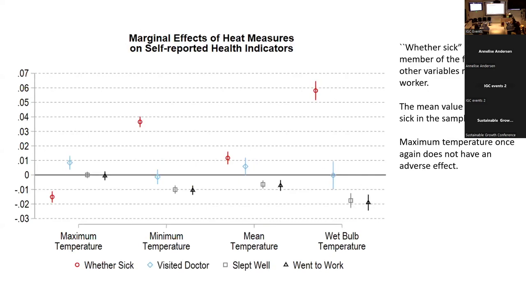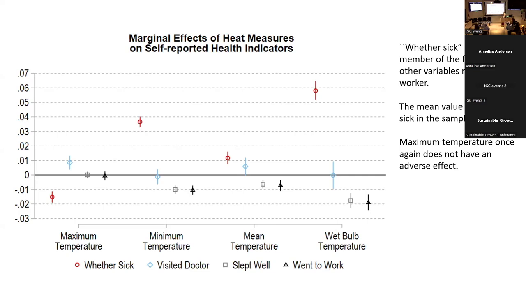Okay. Here we also asked them about whether any member of the family was sick, whether they visited a doctor, whether they slept well, whether they went to work. And you can see that on hotter days, at least for 3 measures, minimum, mean, and wet bulb temperature, somebody was more likely to be sick if those measures were higher.